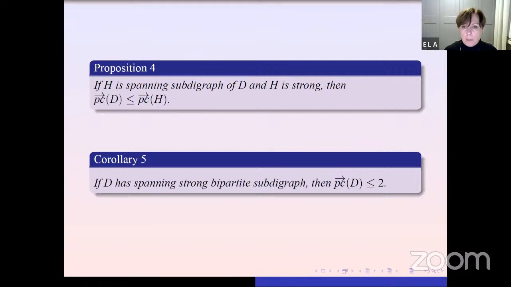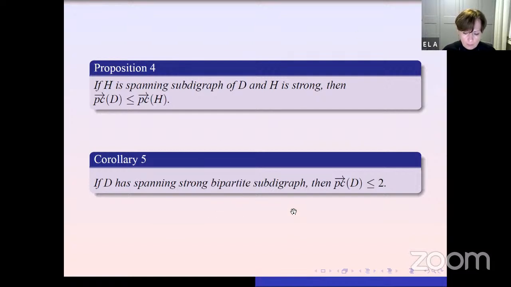If we find a bipartite one, then we are done, because we use only 2 colors, and we know that 2 is the smallest possible number if the digraph is not complete. Of course, not every digraph with proper connection number equal to 2 has a spanning strong bipartite subdigraph.